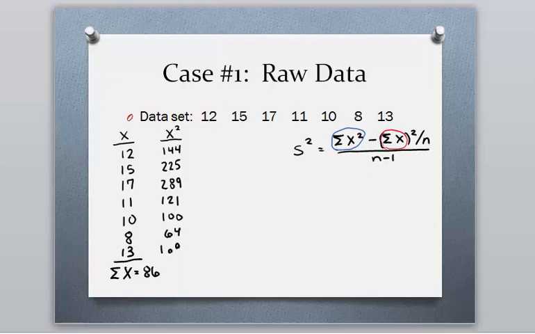And 13 squared is 169. And we're going to sum that, and that's going to give me the sum of the x squareds. We add those numbers up, and that should give you 1,112.